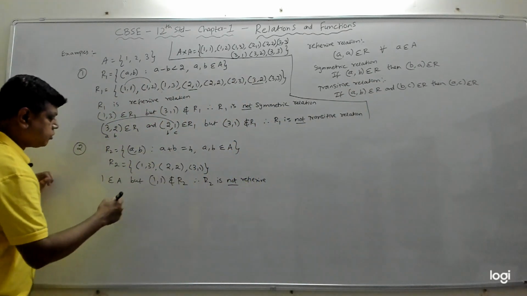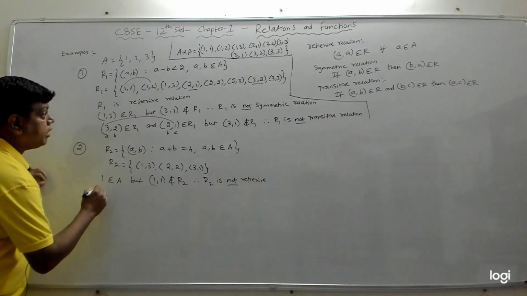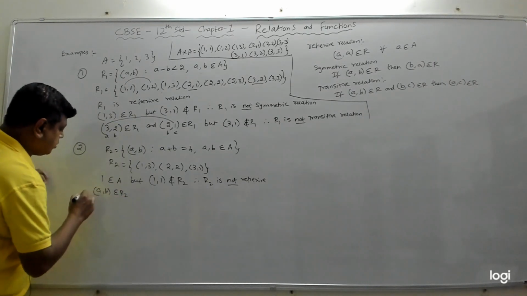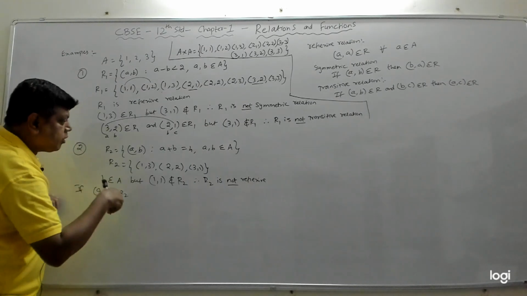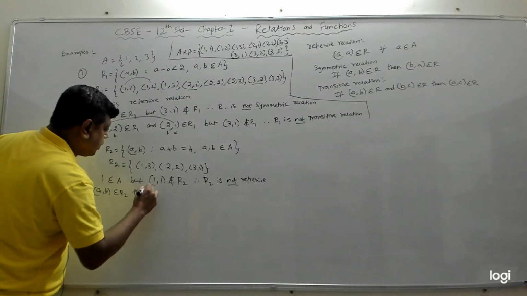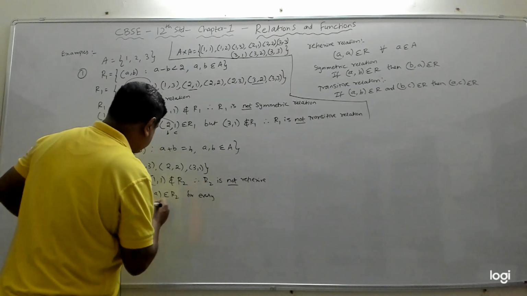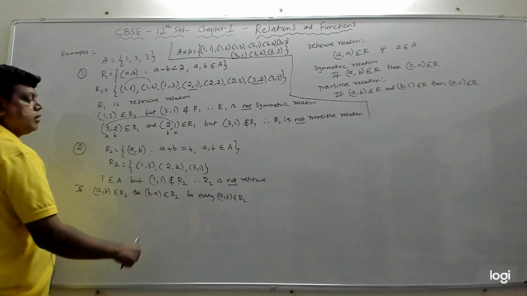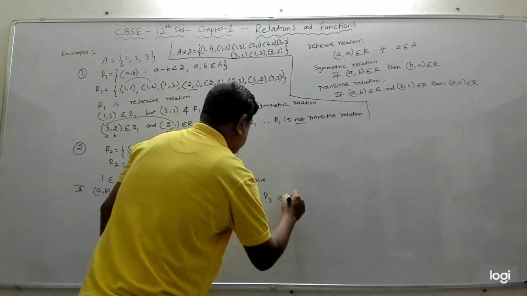Therefore we can write the definition: if (a, b) belongs to R2, then (b, a) belongs to R2, for every (a, b) belonging to R2. So R2 is a symmetric relation.